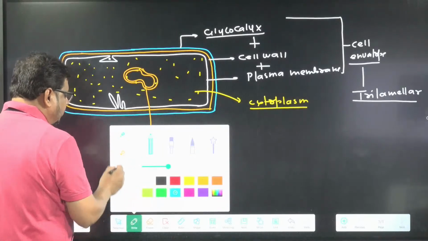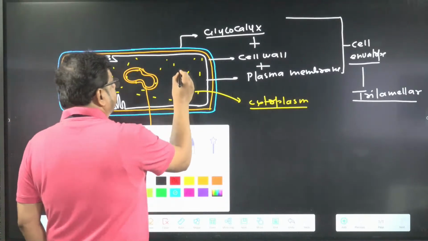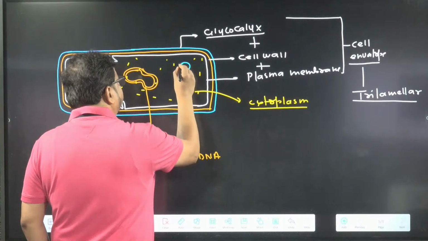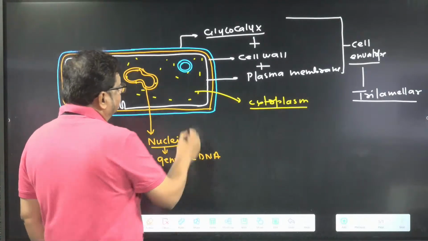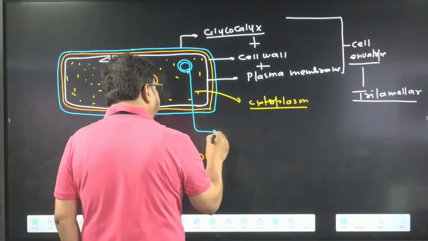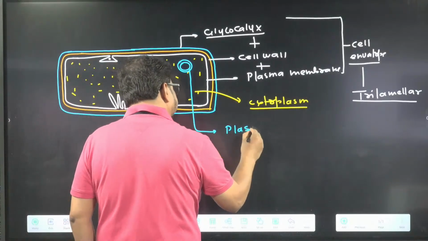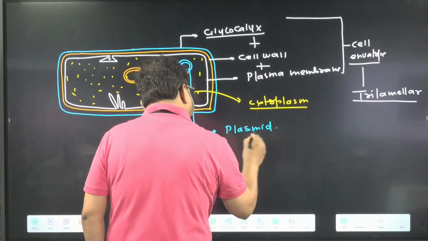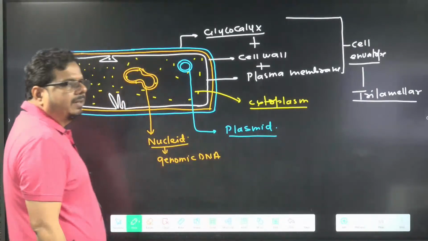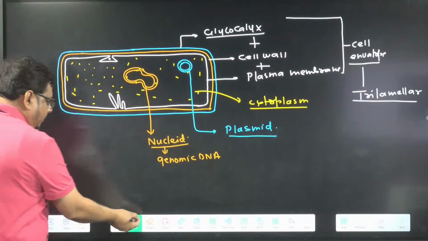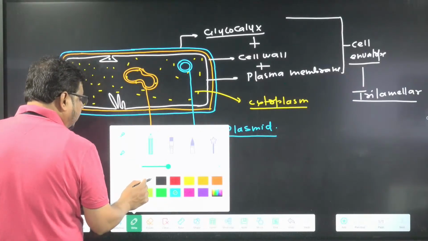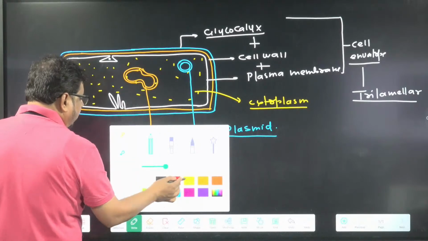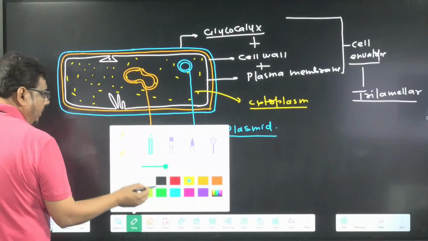In some prokaryotic cells, not in all, extra genetic material is present, and this extra genetic material is called plasmid. These are present inside the prokaryotic cell cytoplasm. Besides these, polysome is present.